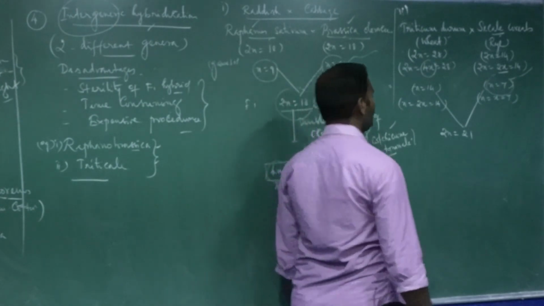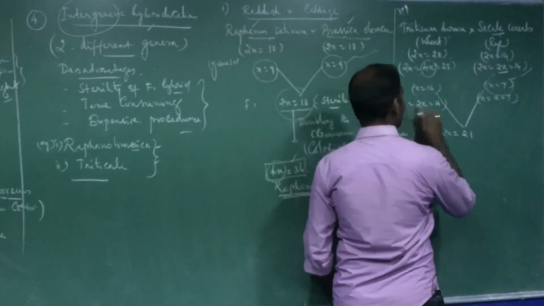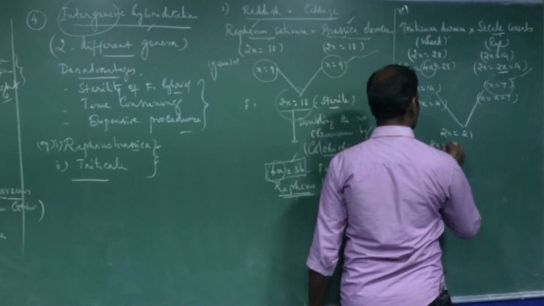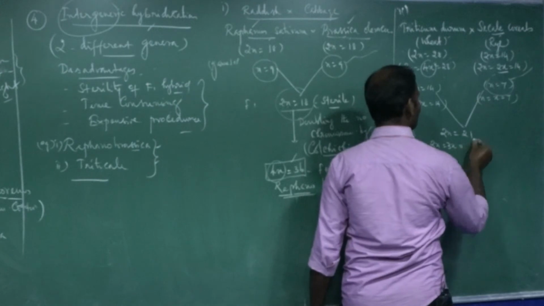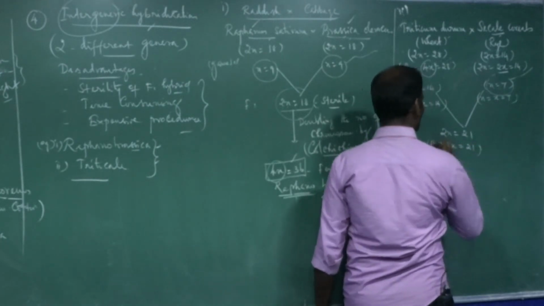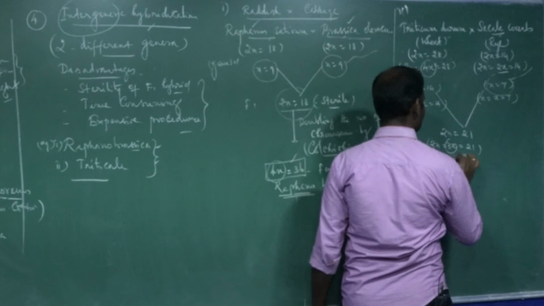The condition is 2x plus x, 3x equals 21.